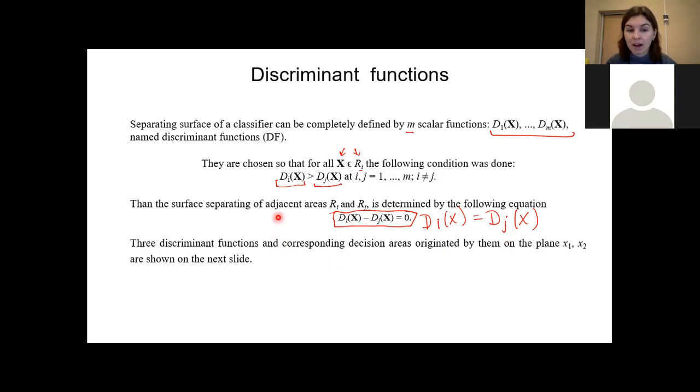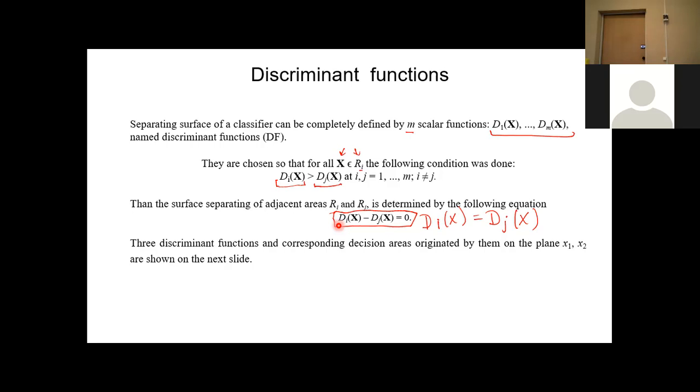When you have adjacent areas, so you have a line which belongs to two classes, the discriminant functions should be equal on this line. It's like a distance. For example, when you have this intersection, the distance will be equal for this line, which lies between two points.